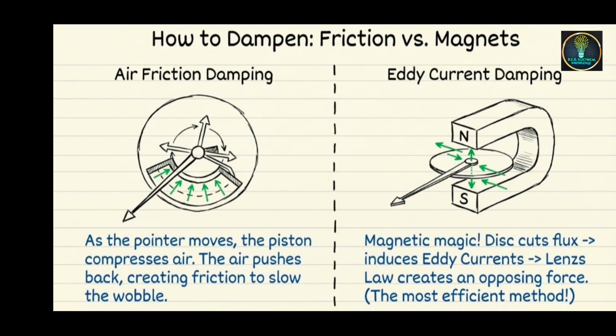As the pointer moves, the piston of this damping arrangement compresses air. The air pushes back, creating friction to slow the wobble.